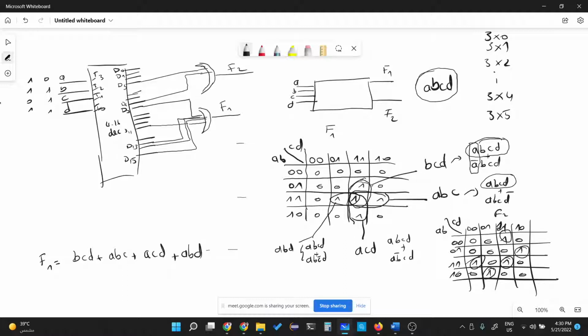Then you have A, B, C bar, D bar. This is 12, D12. Take D12. Then you have A, B, C, D. This is D15. Take the same here. And finally, A, B bar, C bar, D. This is 9, D9.